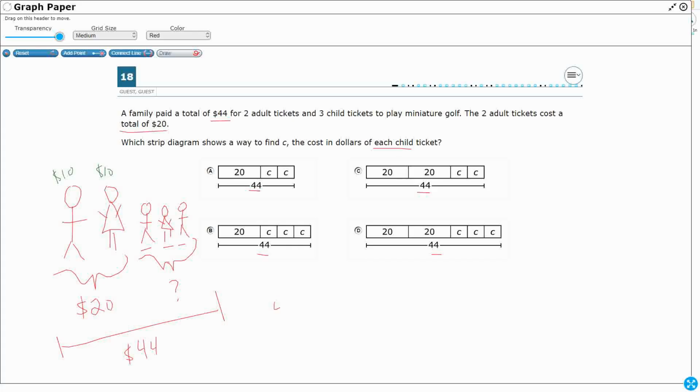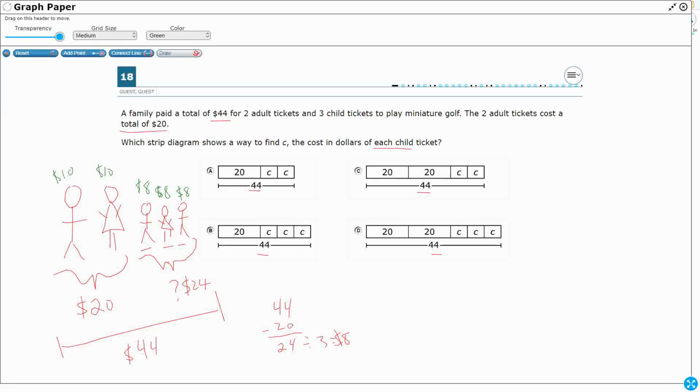If I've got my $44 for everyone, and I've already spent $20 on my adult tickets, $10 for each, that only leaves me 24. So this is going to have to be 24 bucks, but I don't want it all together. I want it by kid. So let's divide that by 3. All right, looks like it's going to be $8 a piece. And that makes sense, right? We're going to get $10 for adults, $8 for kids. Usually the kids are a little bit cheaper than the adult tickets, so that makes sense.